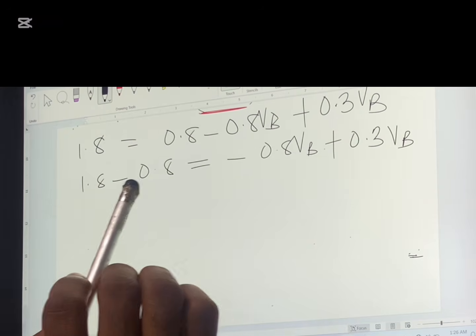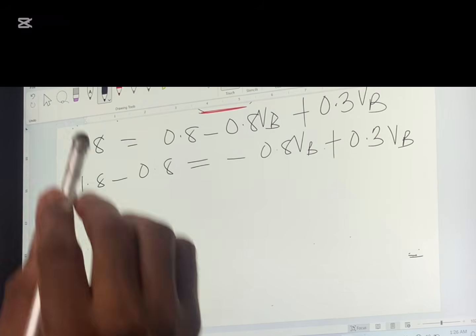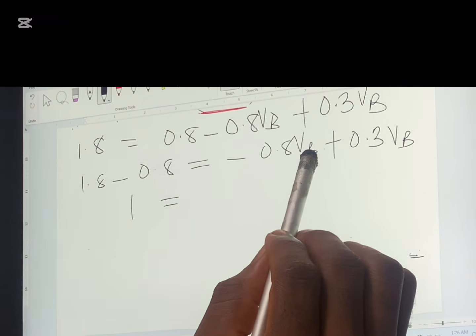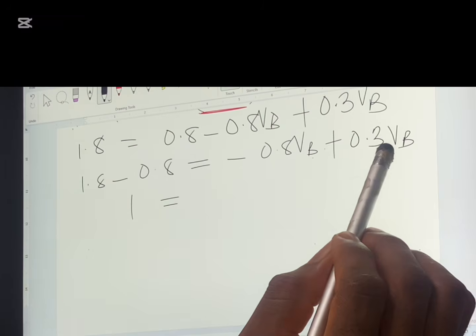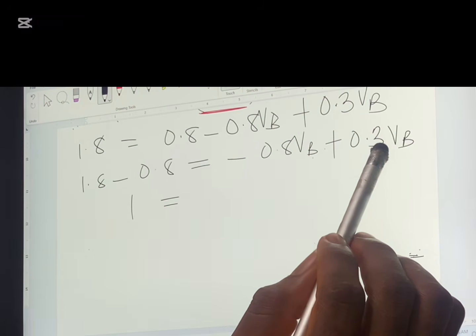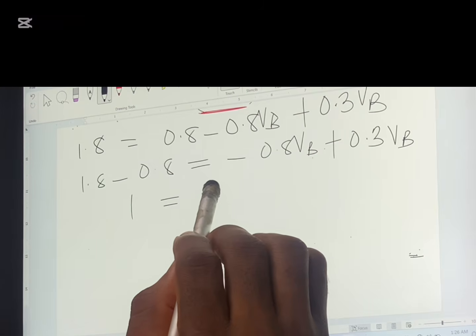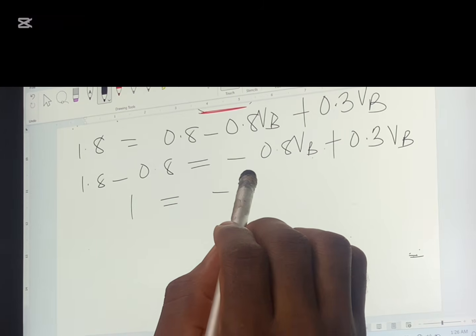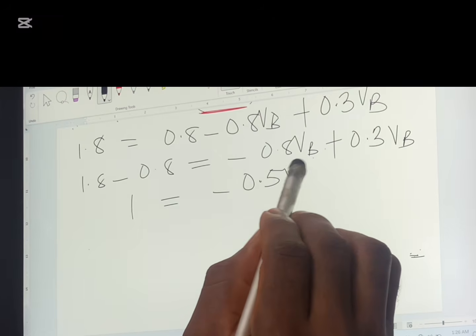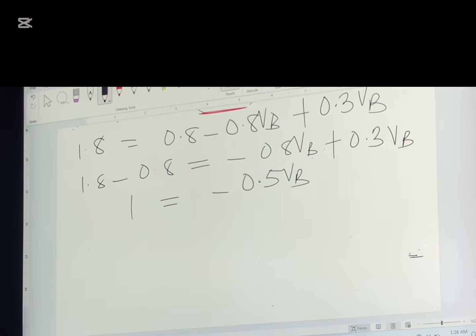So 1.8 minus 0.8, the result is 1, is equal to minus 0.8 VB plus 0.3 VB, which gives minus 0.5 VB.